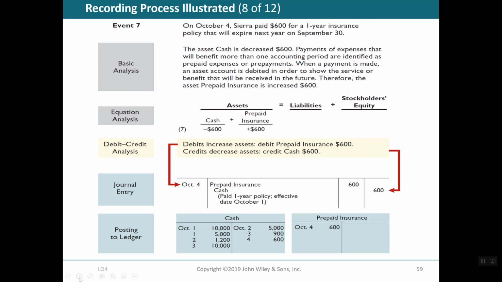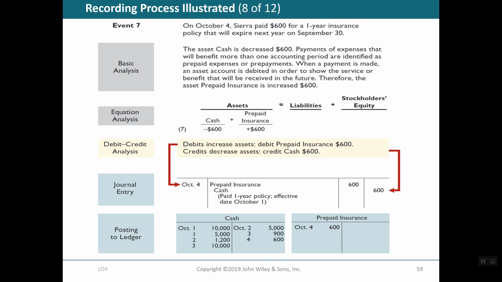On October 4, Sierra paid 600 for a 1-year insurance policy that will expire next year on September 30th. Okay, the cash asset is decreased under the basic analysis at 600. Payments of expenses that will benefit more than one accounting period are identified as prepaid expenses.